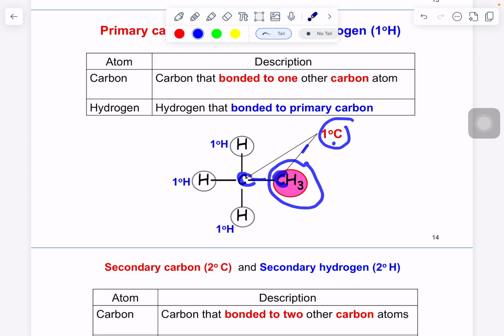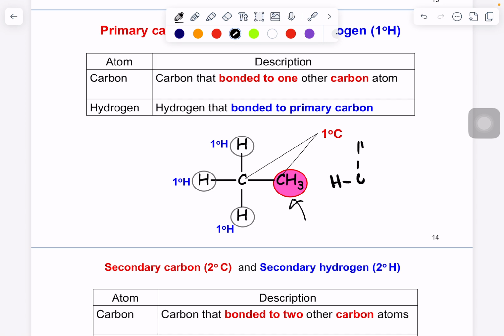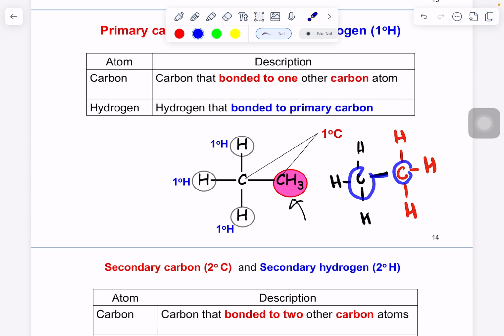This carbon also, kalau you expand this carbon, you can see structure dia jadi macam ni. And the red one, madam akan gunakan yang warna merah atau yang pink. This one is carbon bonded to another carbon, so we classify it as primary carbon. This one also bonded to one carbon, so primary carbon. Bukan panggil, classify. Sorry, the word is classify.